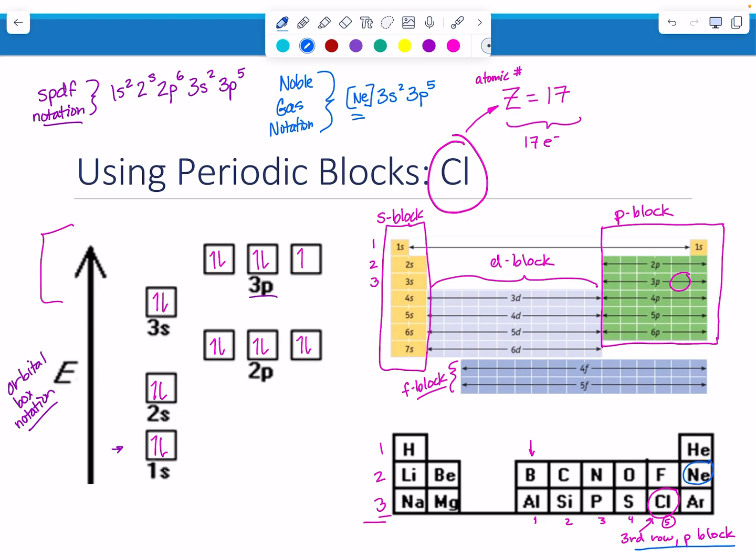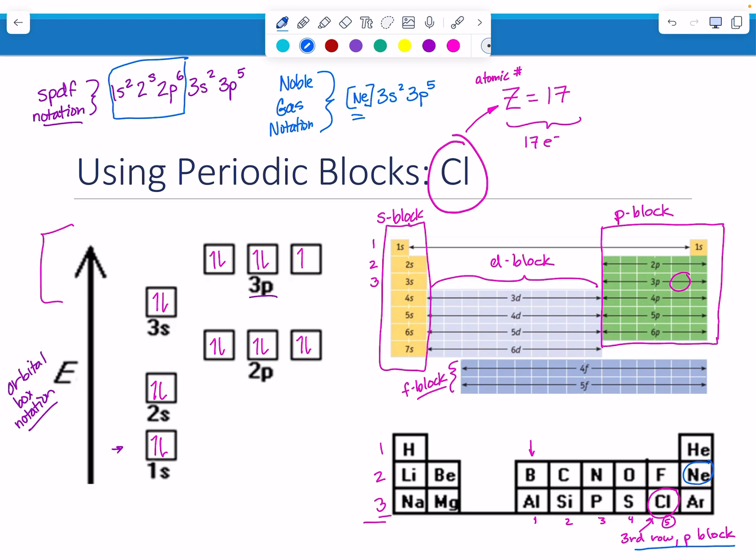All right, so let's look at a few things. Neon has 10, and when we use noble gas notation, how come we just put those two numbers after the neon? Because when we write neon in square brackets, chemists understand it to mean that.